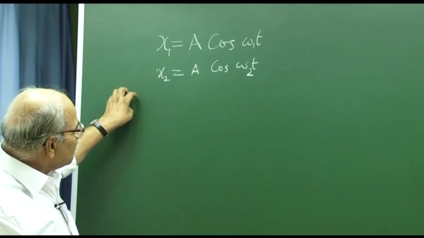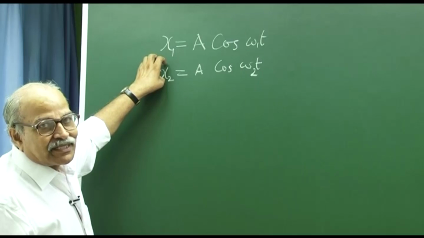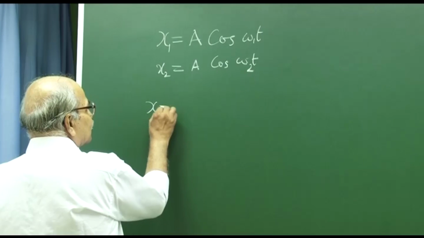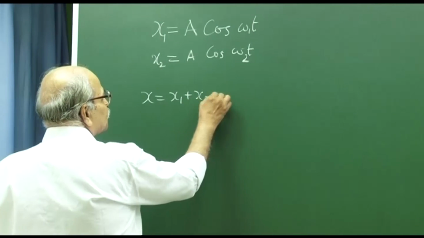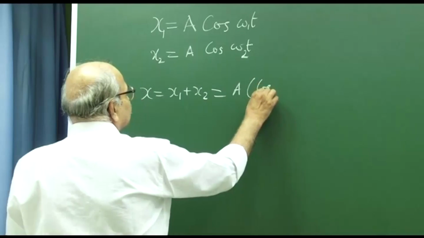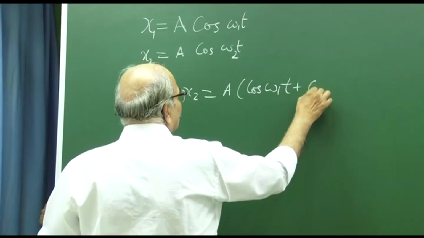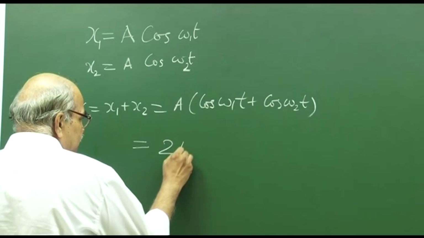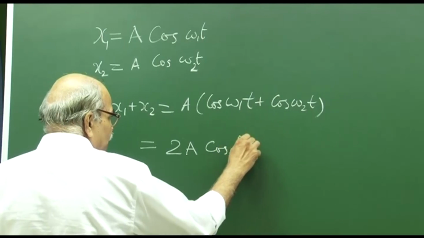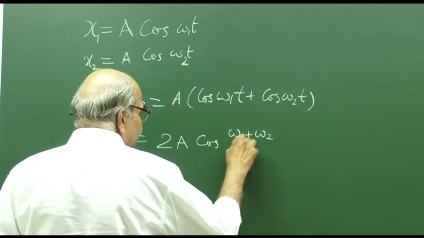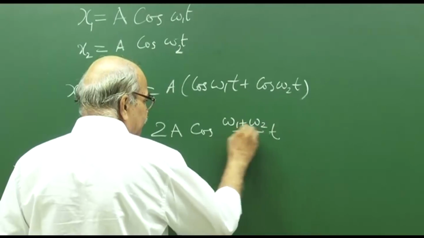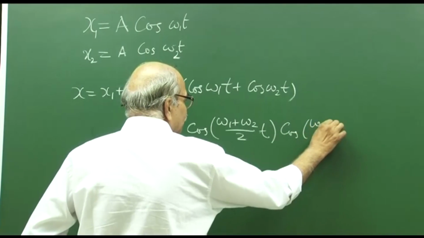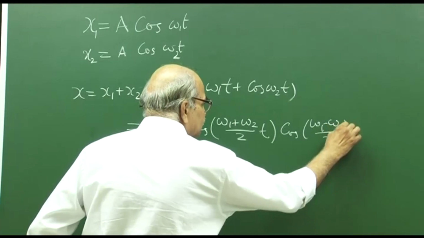So, if that object is given both these oscillations together, this oscillation as well as this oscillation, then it will have x, which is x1 plus x2, which will be a cos of omega 1 t plus cos of omega 2 t, and that will be 2 times a cos omega 1 plus omega 2 by 2 t and cos omega 1 minus omega 2 by 2 t.